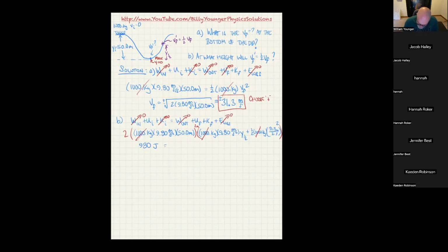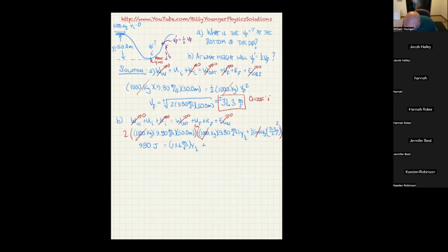That's equal to 2 times 9.8, that'd be 19.6 meters per second squared times y 1/2, which is what we're looking for. And then the 2, when it hits this 1/2 in the kinetic energy term, nothing happens. It just turns to 1.